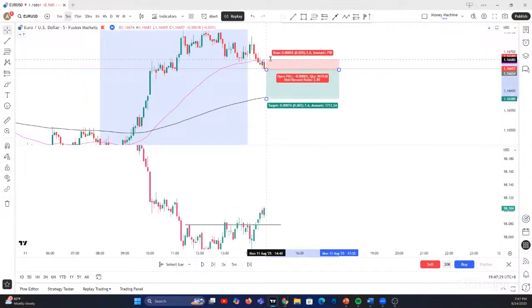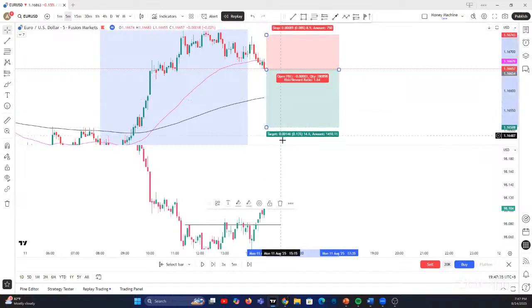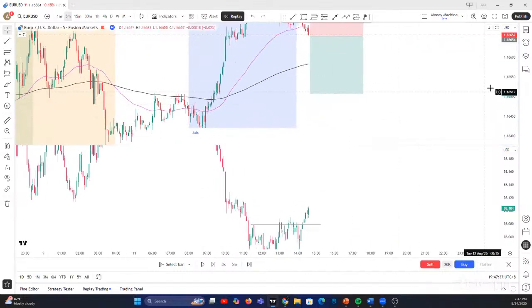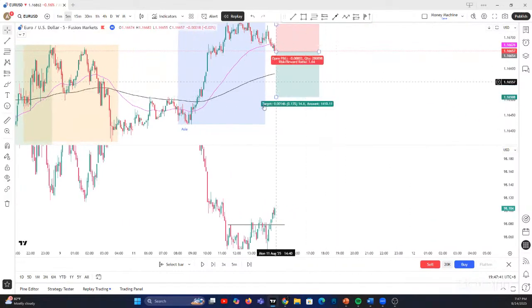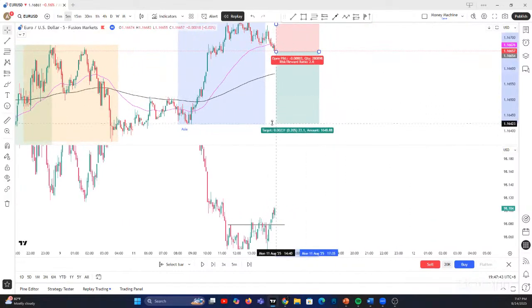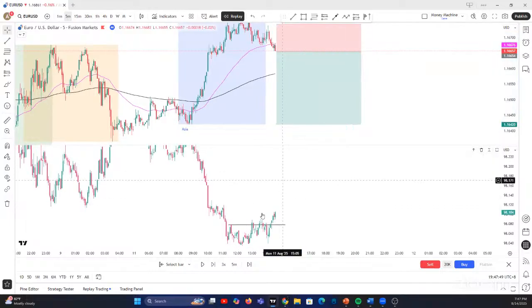Okay, stop loss above the swing high here and target some structure here on your left. Okay, maybe like that. I don't know. This is pushing it. Okay, Asia low, but who knows? Let's see. Okay, everything is set.